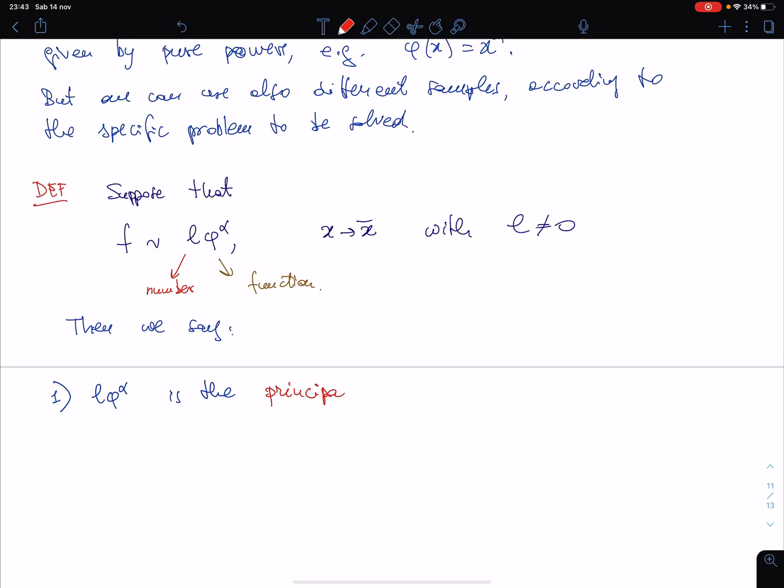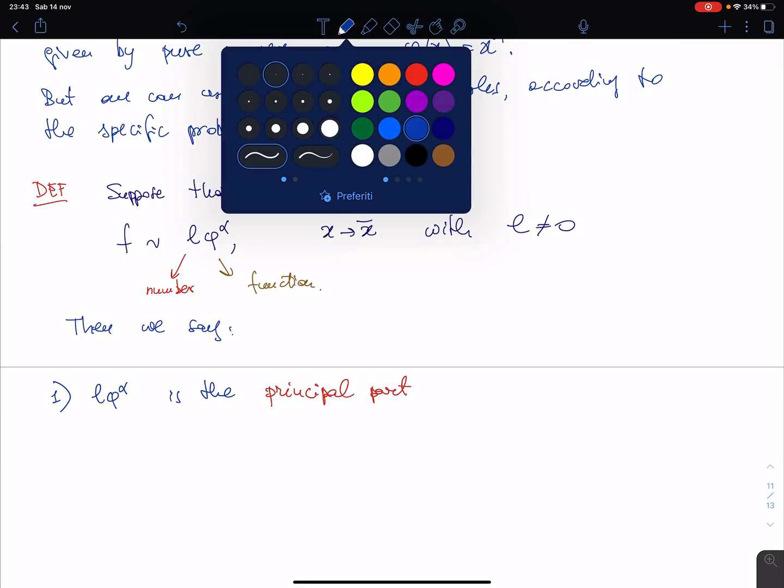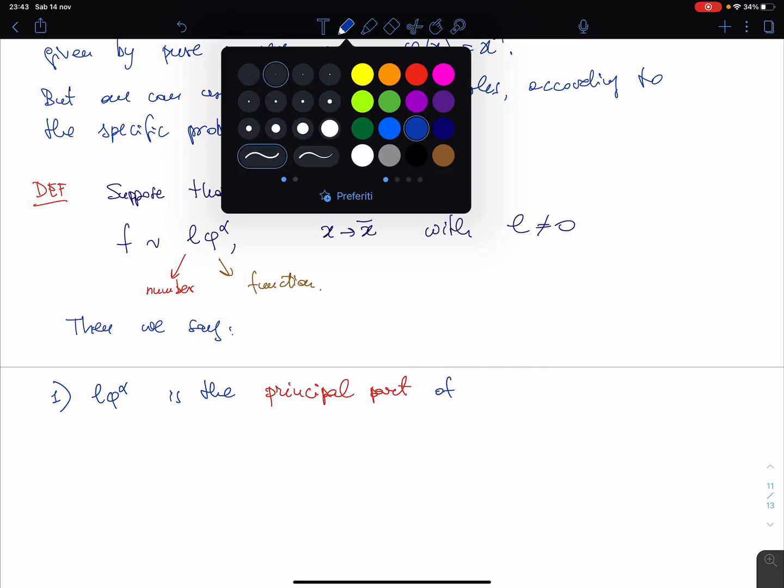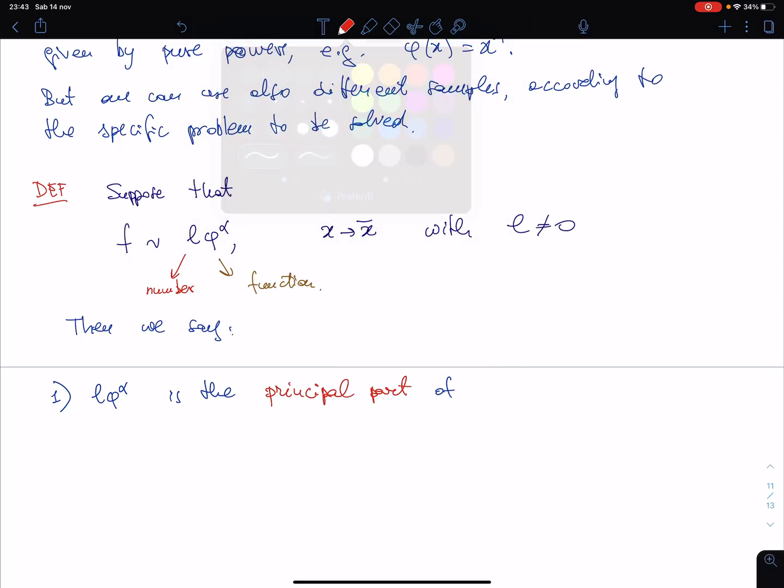This is the principal part of the function f with respect to the sample phi. Just an equivalent function.